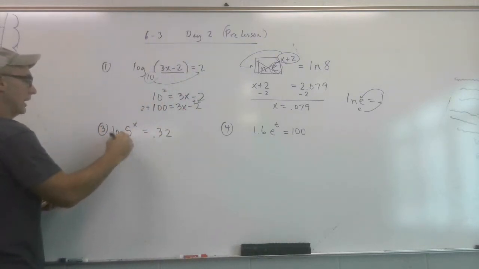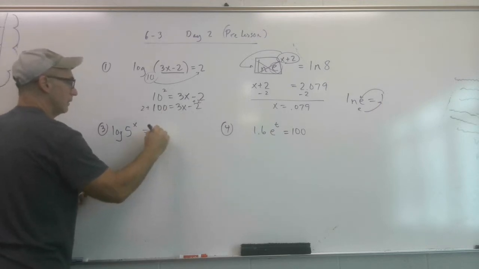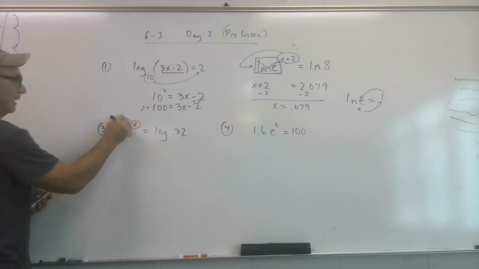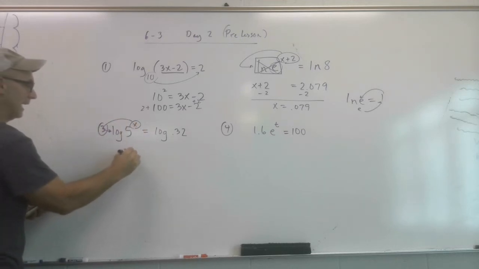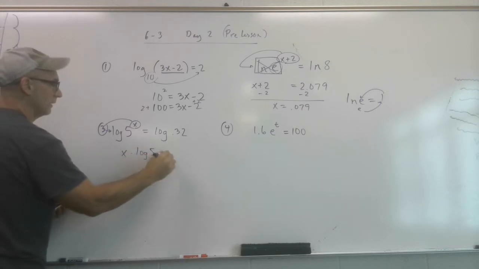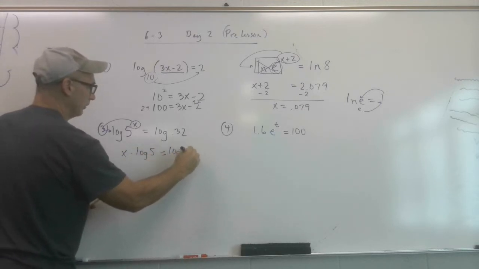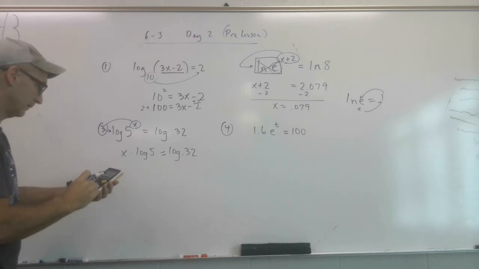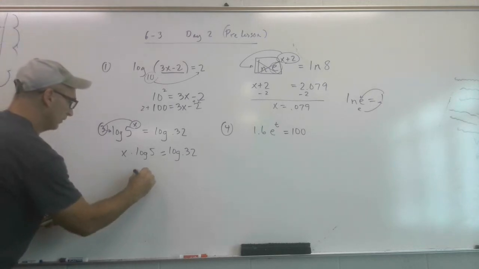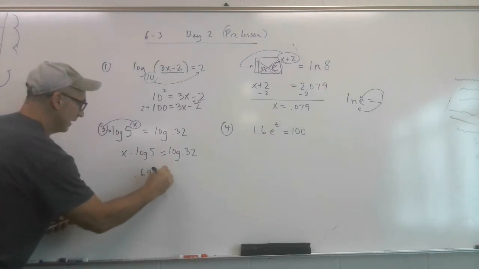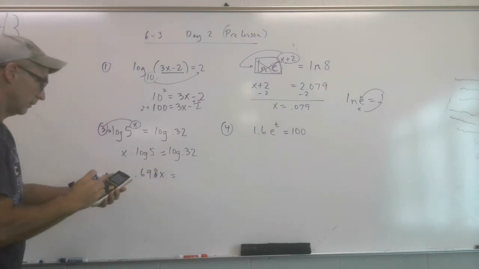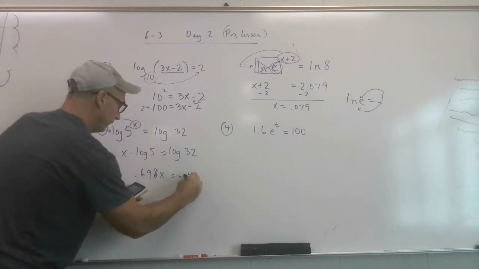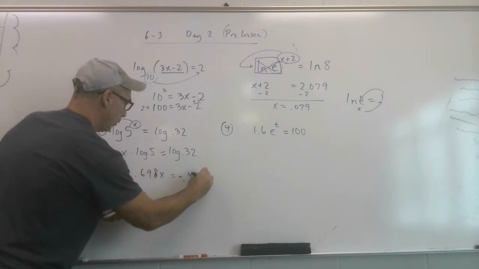I'm going to slap a log on here, which allows me to bring that down. That's what I want. So I get x times log of 5 equals log of 0.32. I'm going to turn these into decimals. So log of 5 is 0.698. So 0.698, that's an 8x equals log of 0.32, that's a negative 0.494.